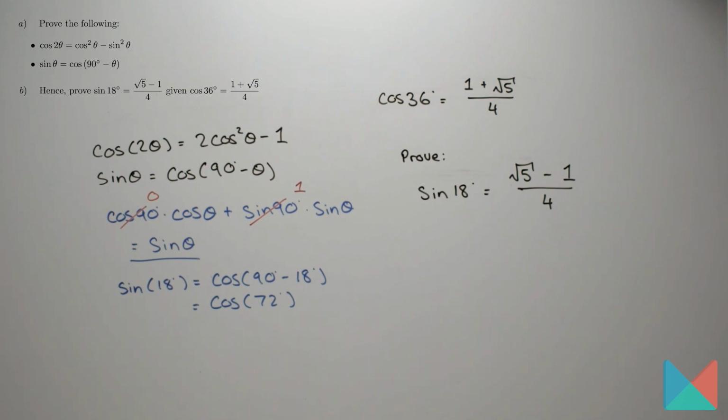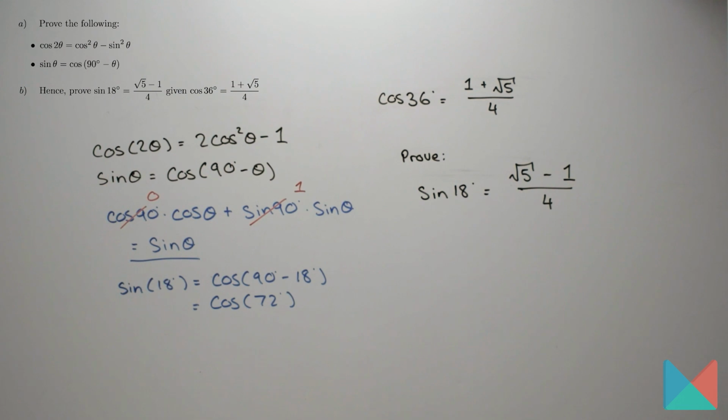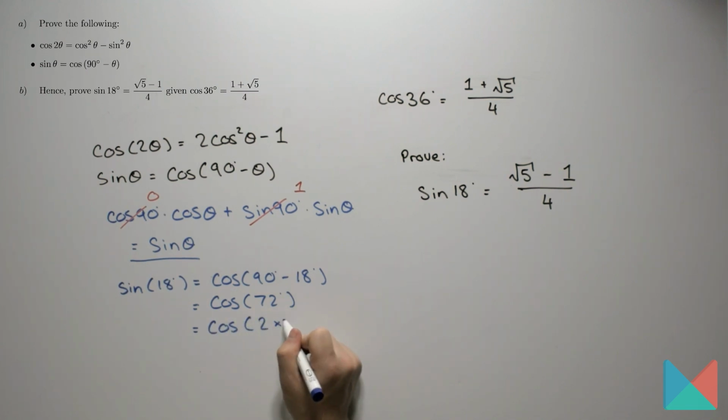So now we have made some progress where we have an equation for sine of 18 degrees, and now we need to find a way to manipulate this equation in order to eventually get our exact value that we're looking for. And it's probably a good assumption, because we have an equation for cos of some angle, to use our identity here as it is something to do with cos. So what I'm going to do is replace cos of 72 as cos of 2 times 36.